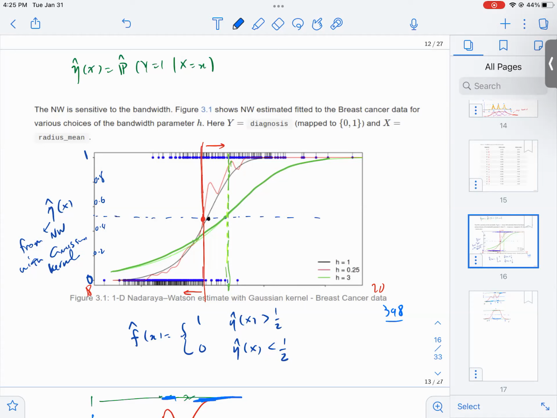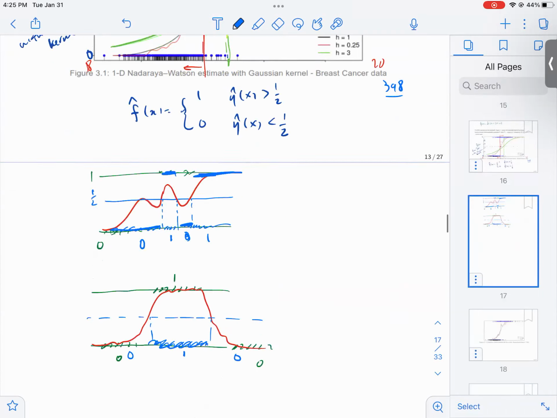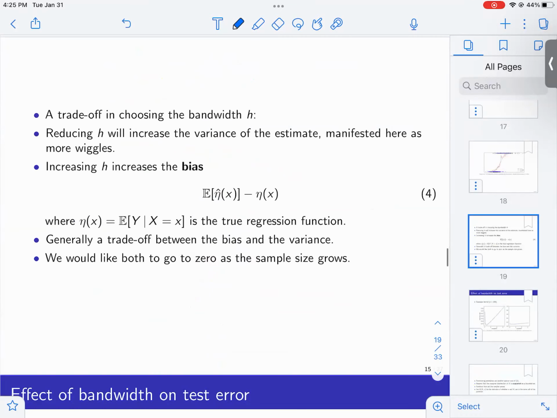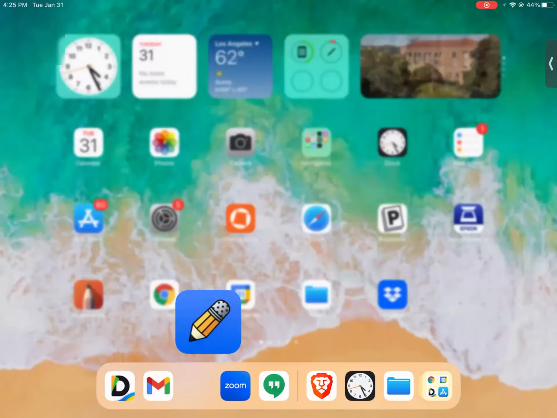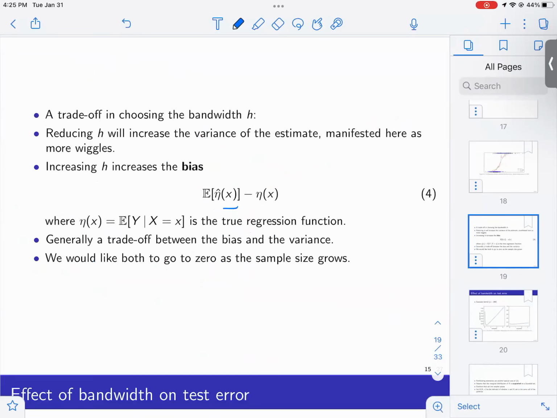And the bias would be the mean across those samples, the expectation, the center of those. So we'll have a distribution here. The expectation, the center, would be how far it is from the actual regression function. That would be the bias. So the bias would be this quantity: the expectation of this minus the true regression function.